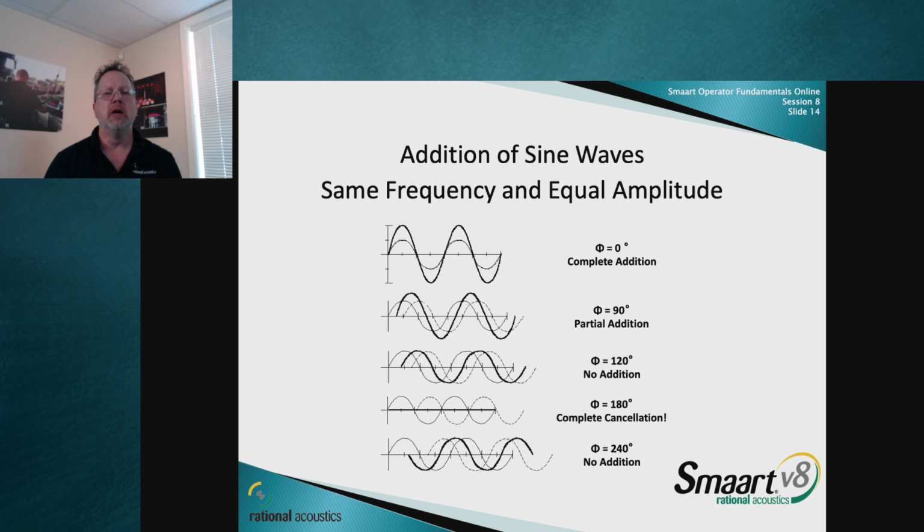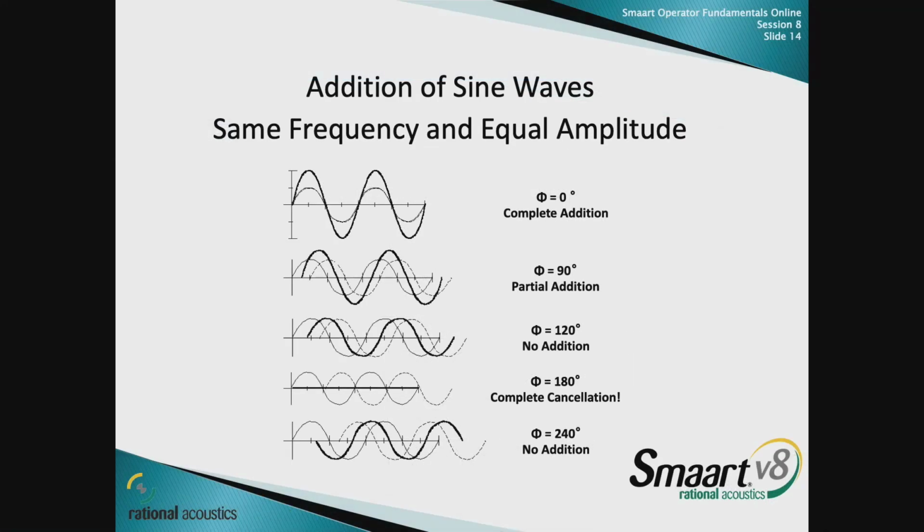So if we look at this, here's the same thing, but in the top plot, the dark black line is the summation, then you've got a dotted line and a solid line. In the top graph, there's 0 degrees of phase difference between them, so they both add up really nicely. You get a double, full addition, fantastic.